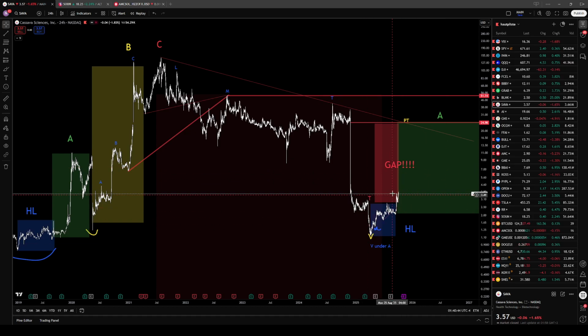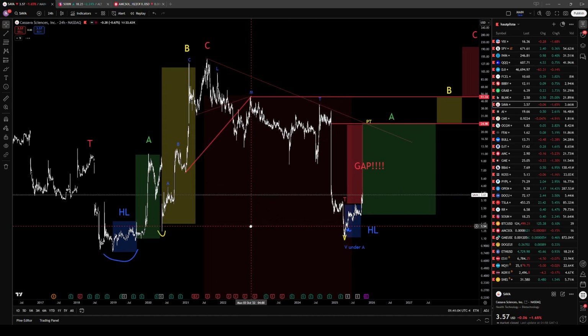Not a day before this move. No, a day before they wrote this news. And in my opinion, they didn't know what to write. They searched for anything they can write to explain this move.